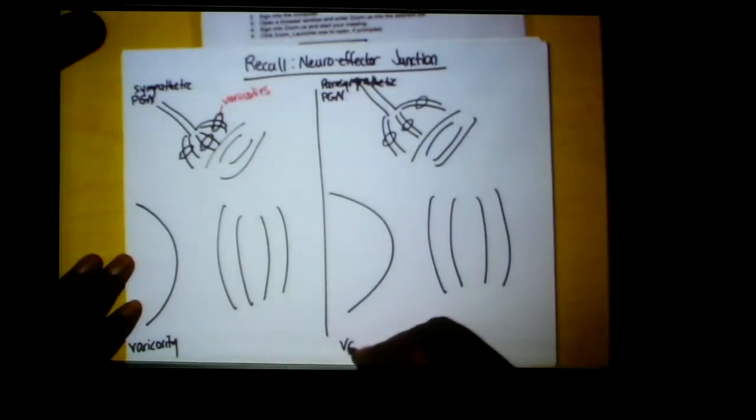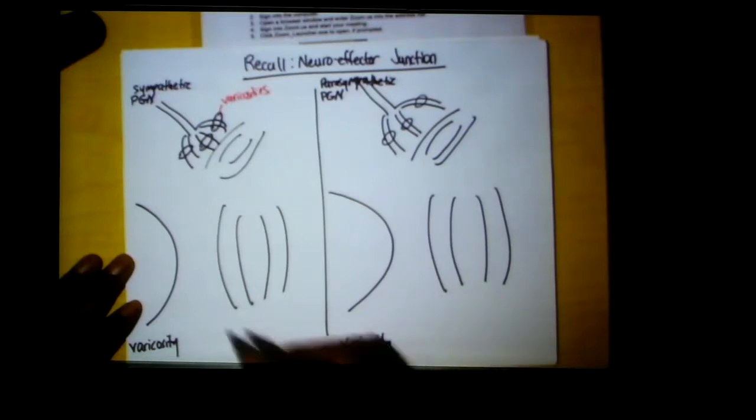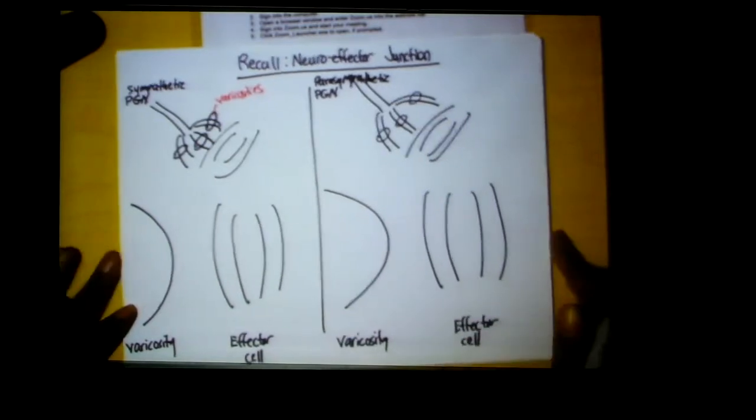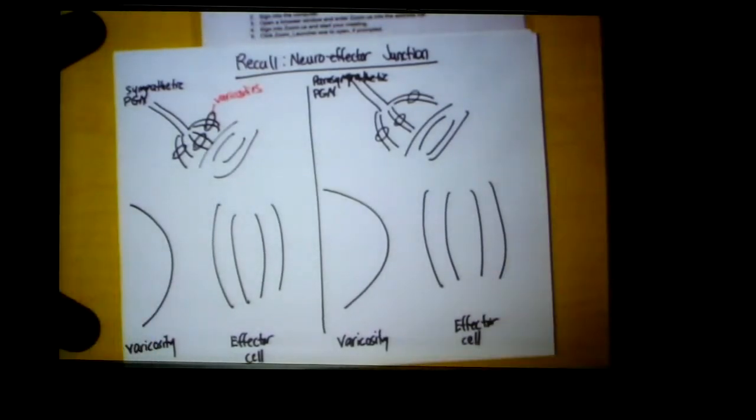And again, here we have the same thing, the varicosity and whatever tissue this is. We'll just say the effector cell. So far everyone clear? We have two different systems, the two divisions, and this is the second neuron as it synapses onto its respective tissue.